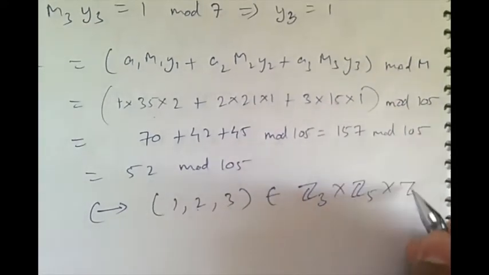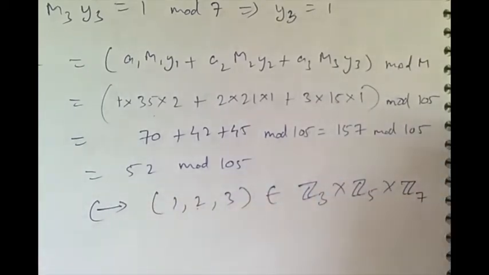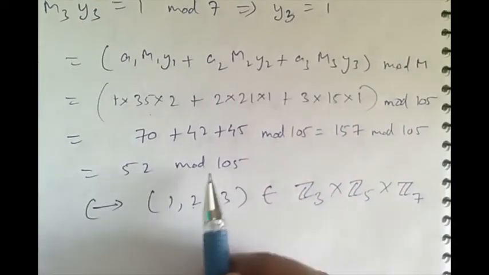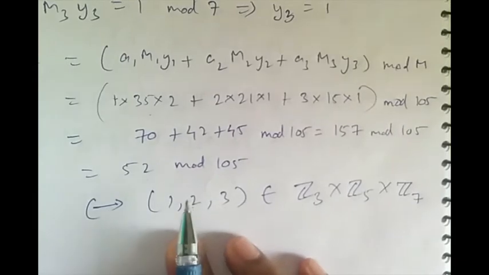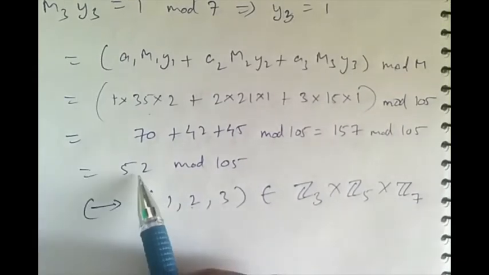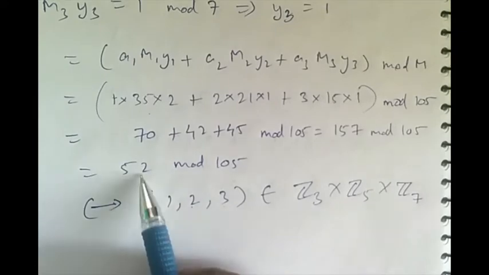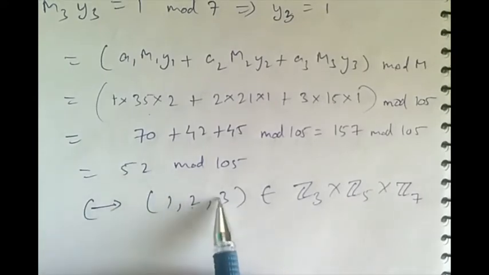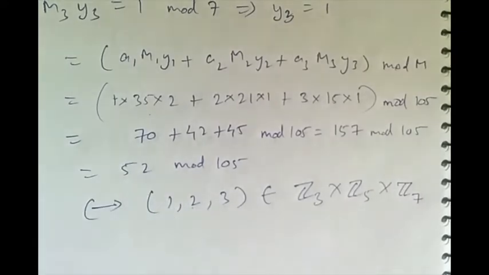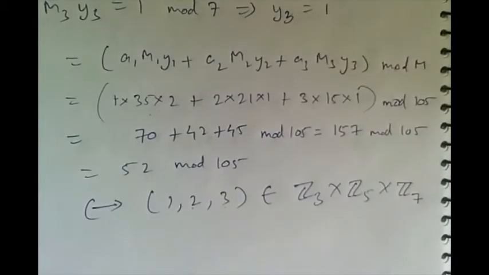So this 52 mod 105 is congruent to (1, 2, 3) because it leaves the remainder 1 when divided by 3, remainder 2 when divided by 5, and remainder 3 when divided by 7. So this is how we use the Chinese remainder theorem to solve it.